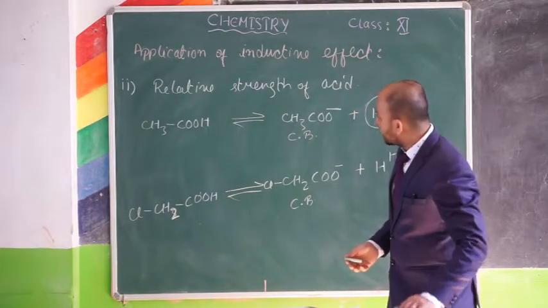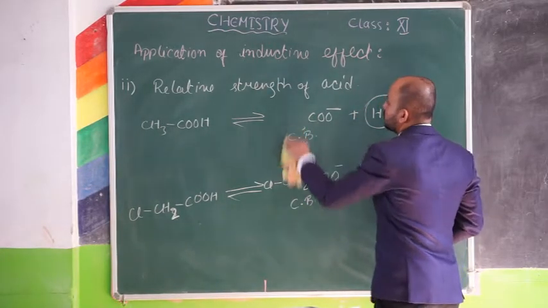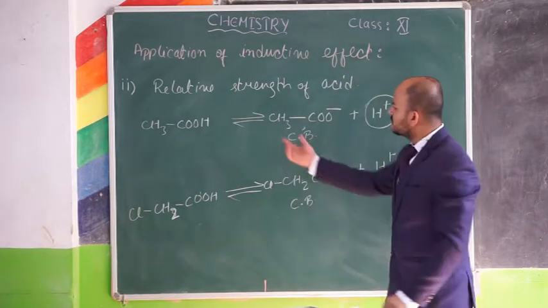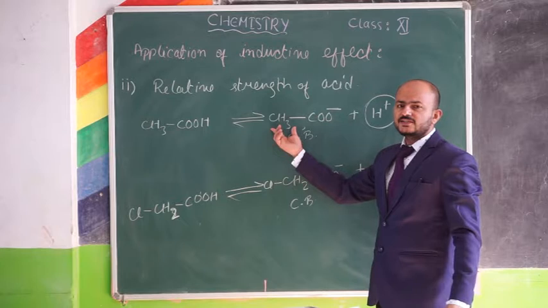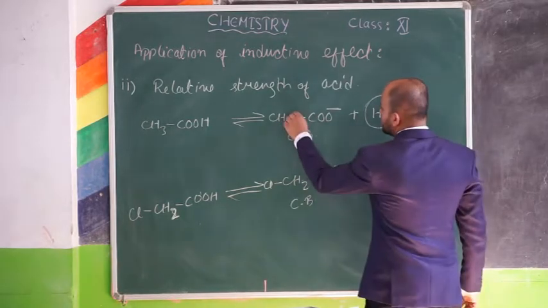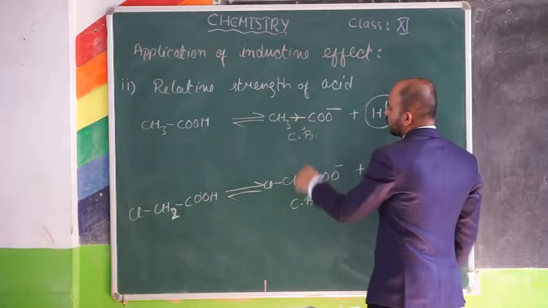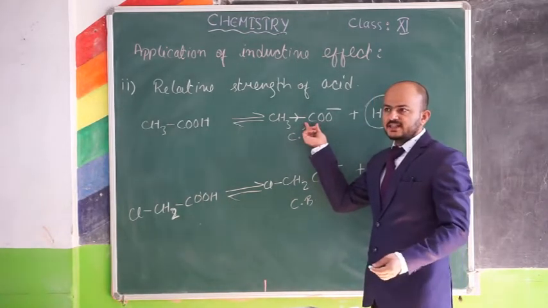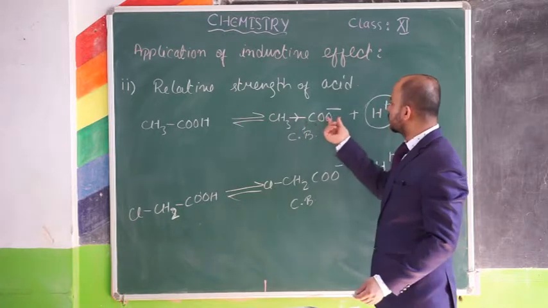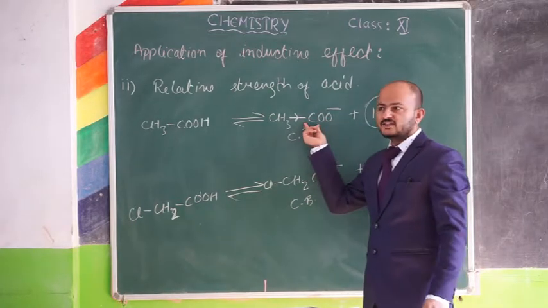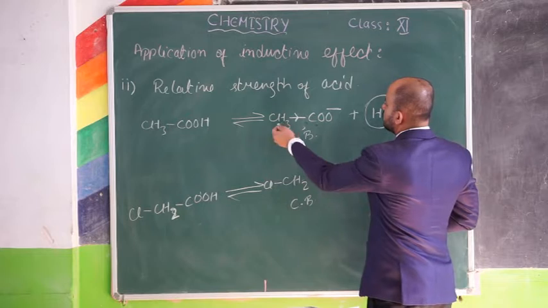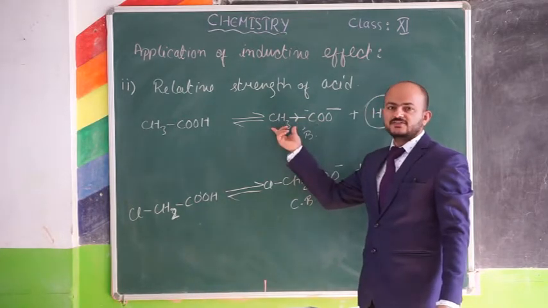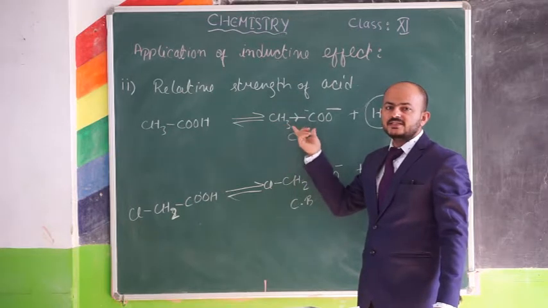Now you can see that this CH3 group is present, and the CH3 group shows plus I effect. Plus I effect means its electrons will be shifted towards this carbon atom, which implies there is more negative charge over oxygen as well as this carbon atom. More negative charge is coming towards this carbon atom because of the plus I effect of the CH3 group. That means this conjugate base is not that stable.